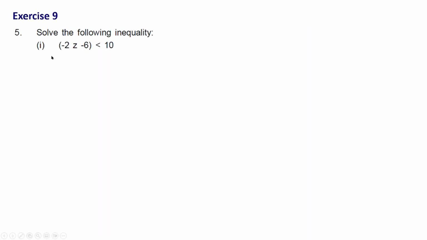Next question, solve the following inequality. We have negative 2z minus 6 less than 10. Now let us multiply both sides by negative 1. If we multiply both sides by negative 1, the direction of inequality changes. So we get 2z plus 6 greater than negative 10.